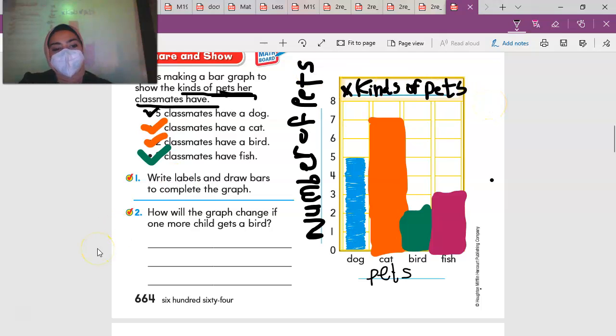All right, now I'm going to go on to question number 2. How will the graph change if one more child gets a bird? Mariah. Good. If one more child gets a bird, then fish and bird will be the same. That means 2 classmates will have the same amount of pets.